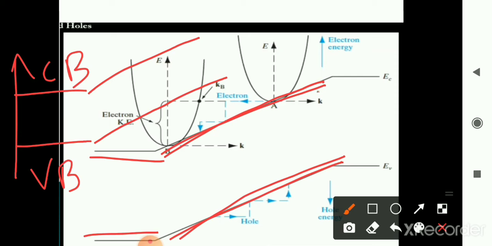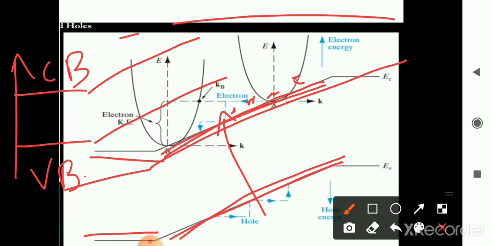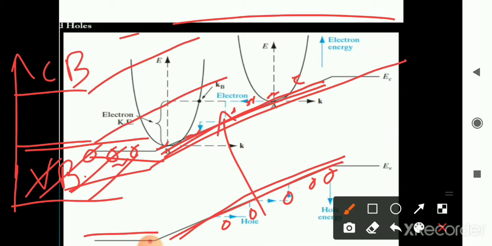And one more thing: if we apply the electricity, the electron will go from the valence band to the conduction band. So the electrons will always be at the bottom of the conduction band. Similarly, holes will always be present at the top of the valence band, that is the upper part.